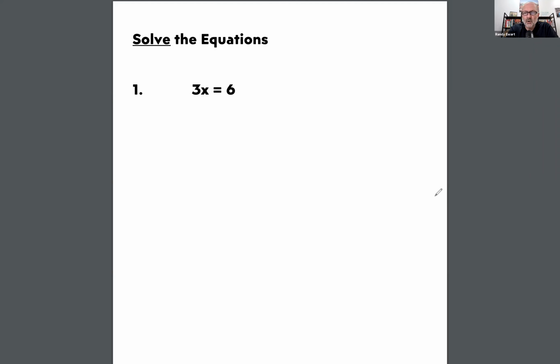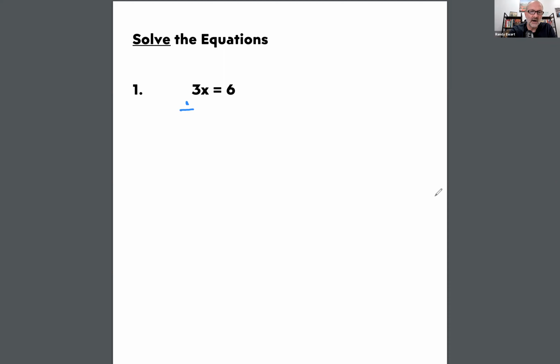Okay, let's try some practice problems here. So we have 3x, which means 3 times x, but we're just going to leave it as 3x equals 6. I want the x by itself. I have a 3, it's times, so I'm going to divide.